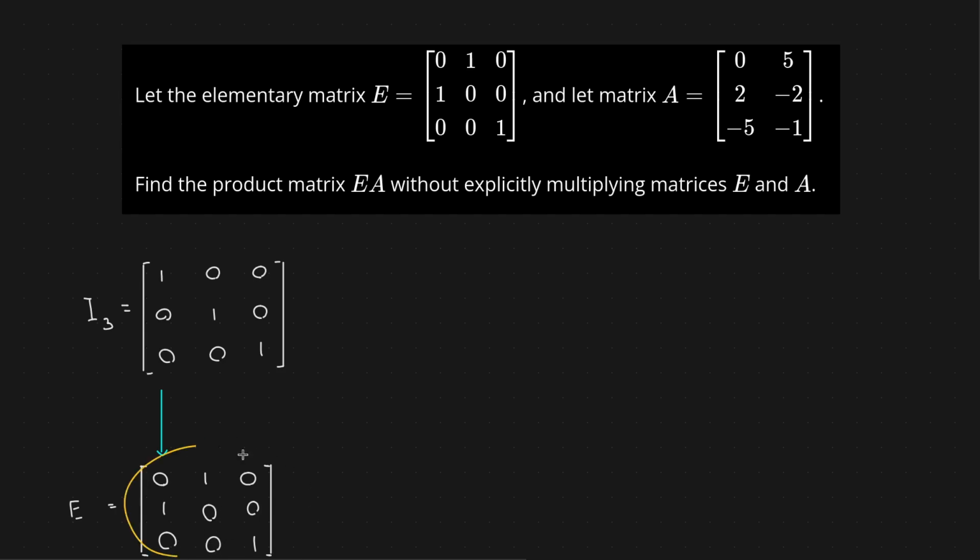Well, in this case, all that changes is that this row is now row 2, and what was our row 2 is now our row 1. So I'm just swapping the two rows.